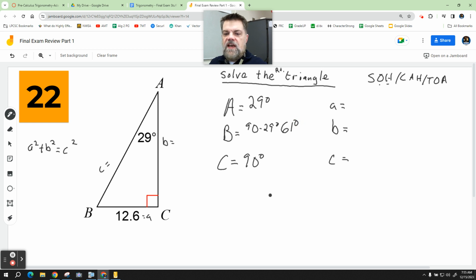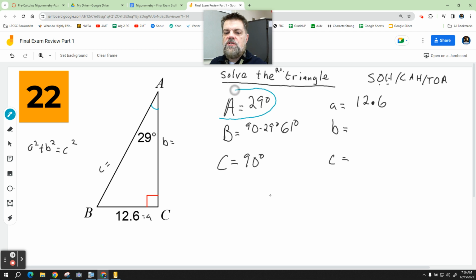Now the side length they gave us was A, which is 12.6. All right, cool. So now what they gave us was this angle A. And I'm going to use that angle because that's the given angle.